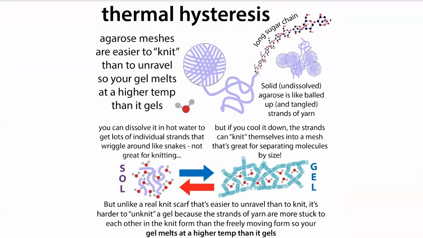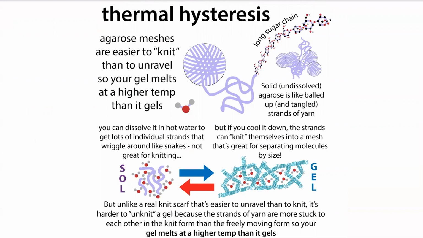And both of these, remember, are going to have that property of thermal hysteresis, where we can boil the sugar mixture in water, or in our buffer more commonly, or in the bacteria food. And then when it cools, it's going to knit itself up. It's going to form those hydrogen bonds that form this mesh.